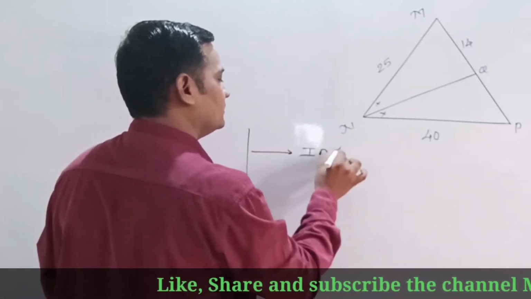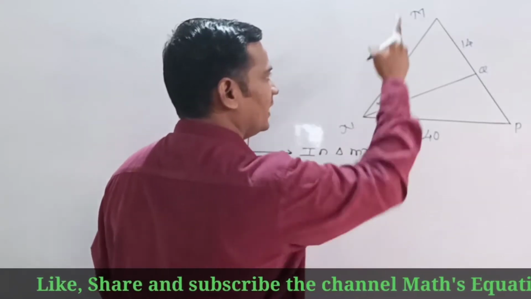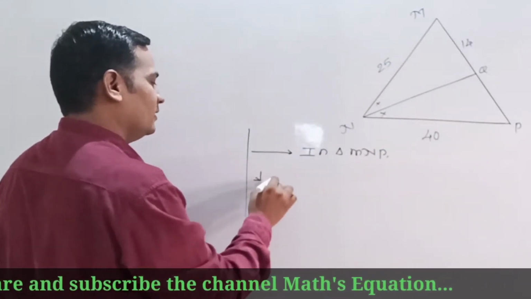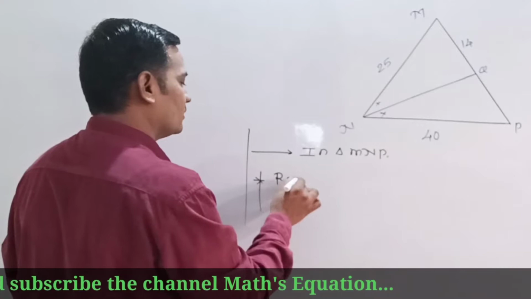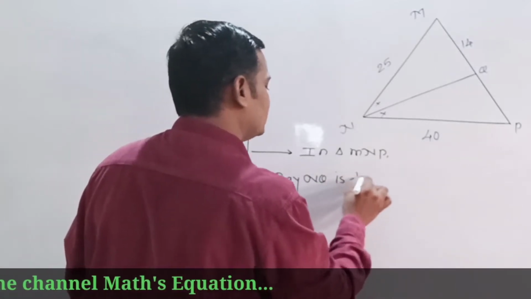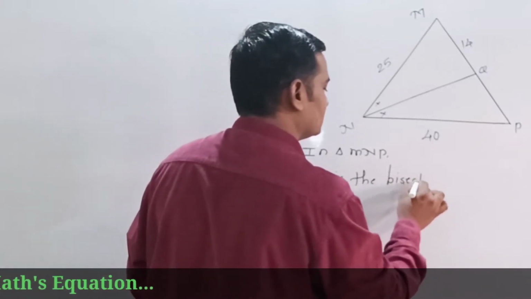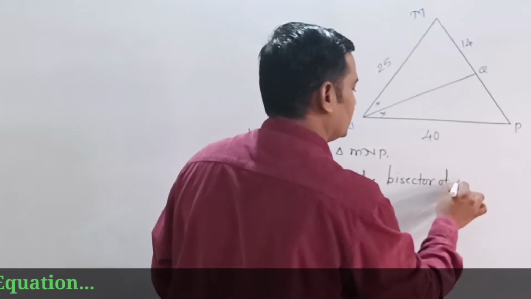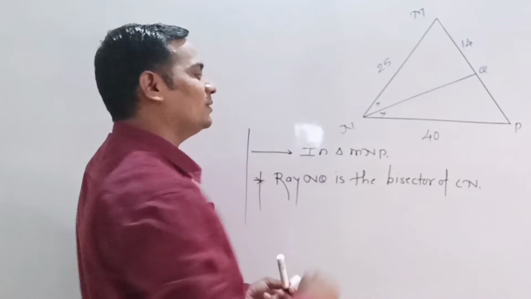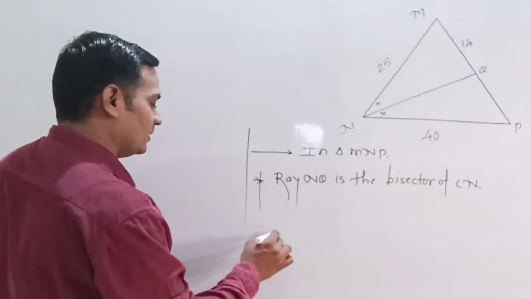in triangle MNP, with the star we will write here, ray NQ is the bisector of angle N. Now that ray NQ is the bisector of angle N, let's use the angle bisector theorem.